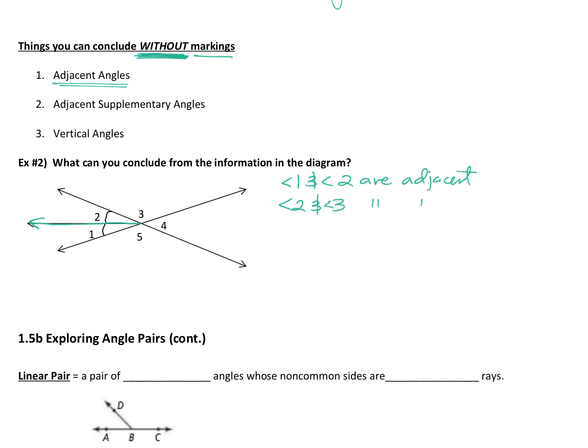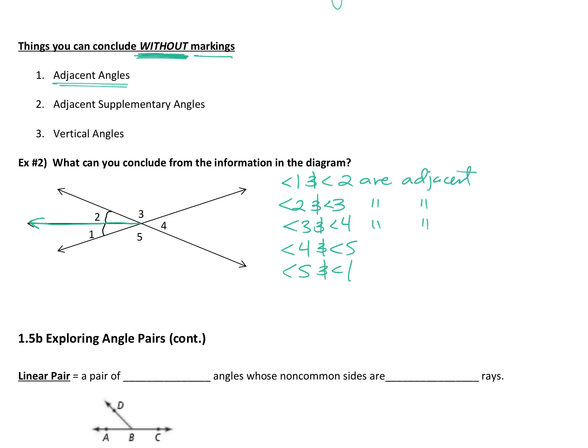Any that are next to each other: 1 and 2, 2 and 3, 3 and 4, 4 and 5, and 5 and 1. Those are all adjacent angles. Notice they didn't tell us they were adjacent. We can just assume they're adjacent.